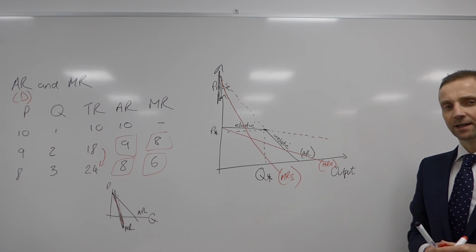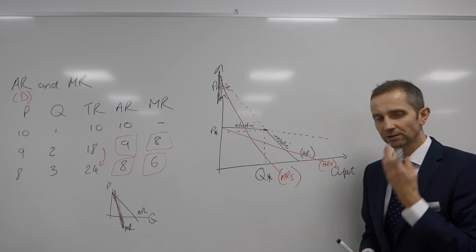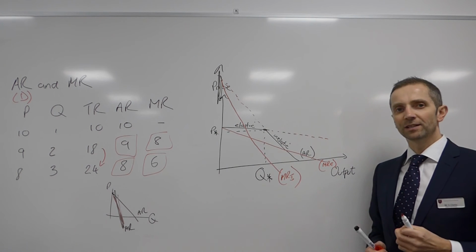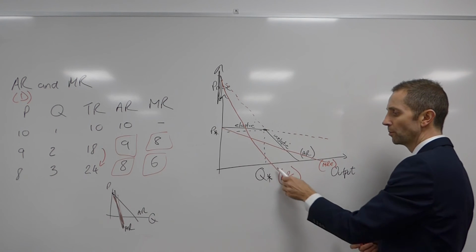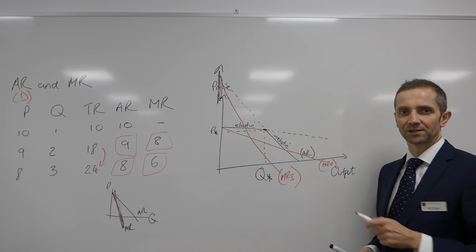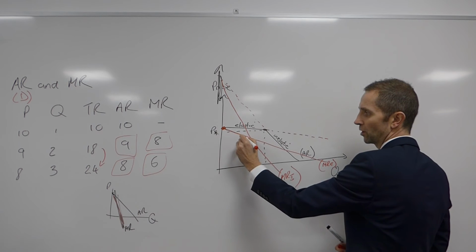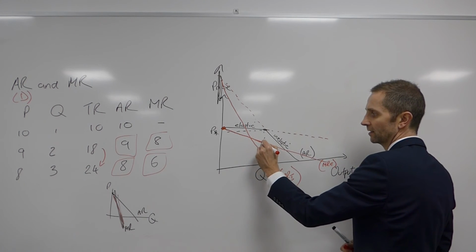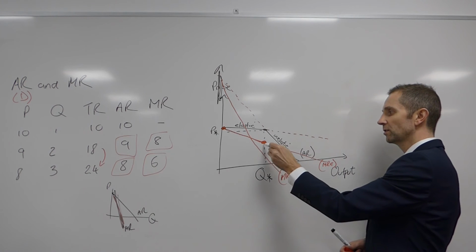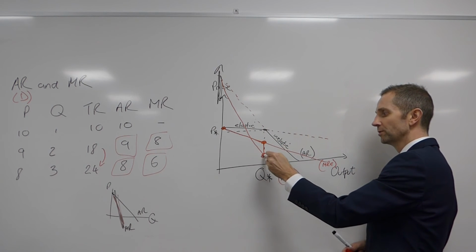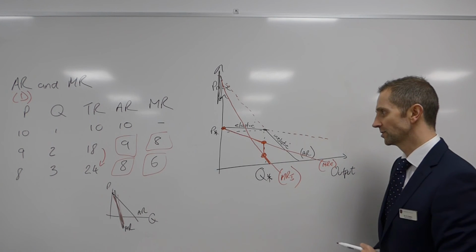Now you can see that when we get to this point of price rigidity, P star, Q star, we're really having to leap off the elastic marginal revenue curve and then jump on to the inelastic marginal revenue curve. So you can see we're following the marginal revenue curve along the elastic demand curve, and then we're having to go straight down and then jump onto, in effect, the marginal revenue for the inelastic curve.